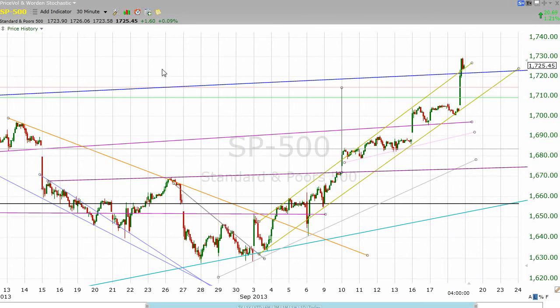This is an inverted shoulder and head pattern. And I don't want to say that we should always bank on this happening. I frankly think I did the right thing in being a little circumspect about what was going on with this.